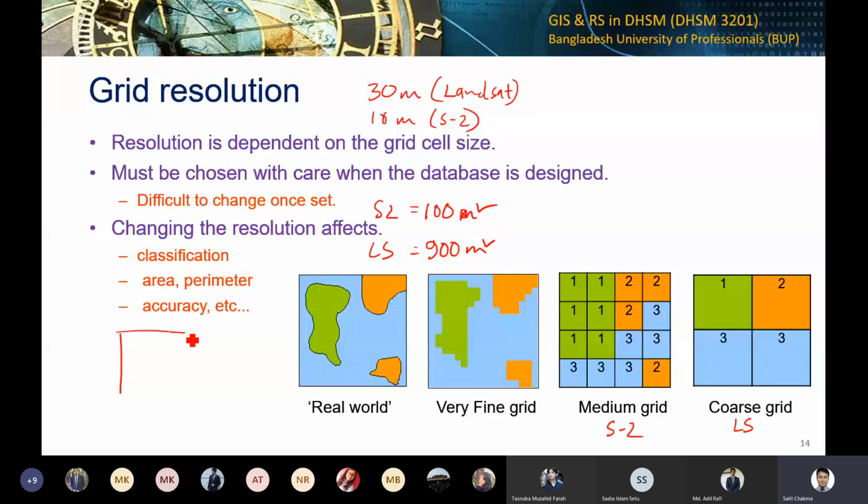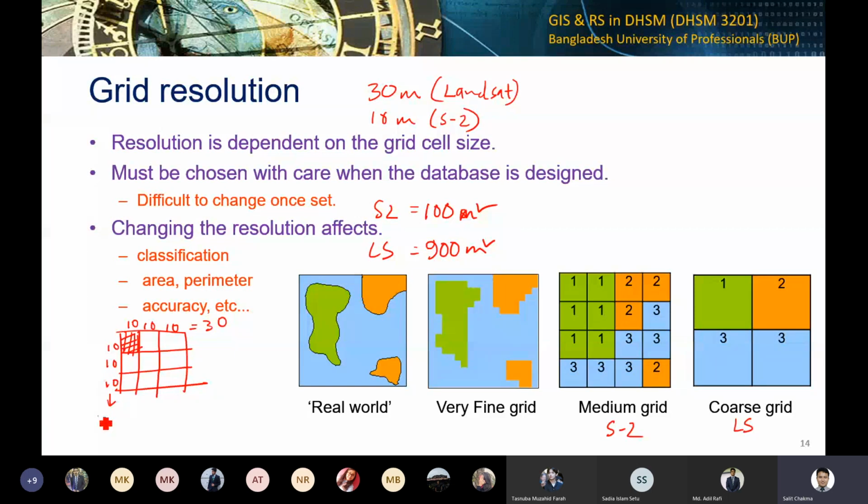In fact, if I draw this, you will realize it more. So 30 meters, dividing this into 3 and 3. If this entire pixel is Landsat, then this small pixel is Sentinel, because this is 10 meters, 10 meters, 10 meters, in total 30 meters, and then we have 10 meters, 10 meters, 10 meters.